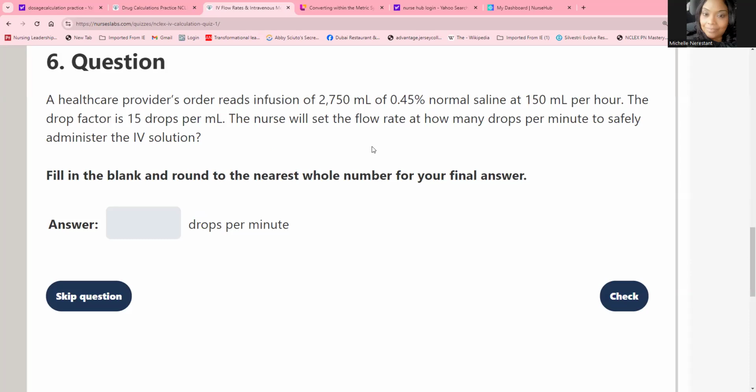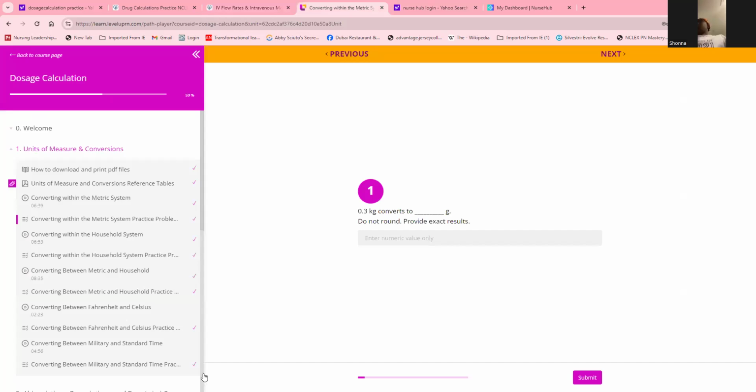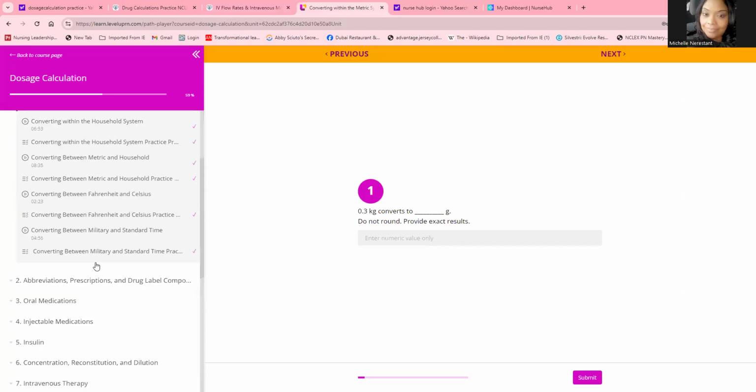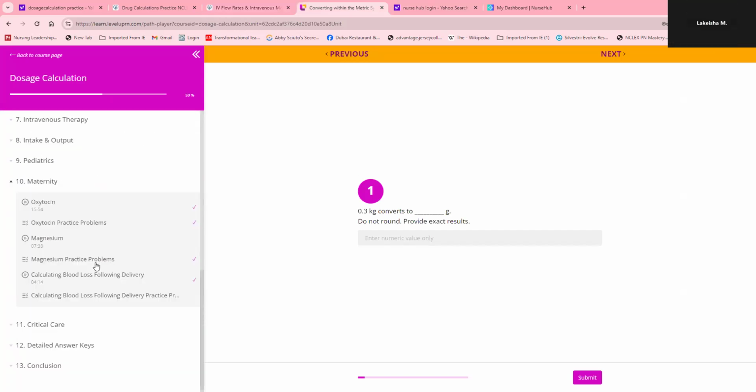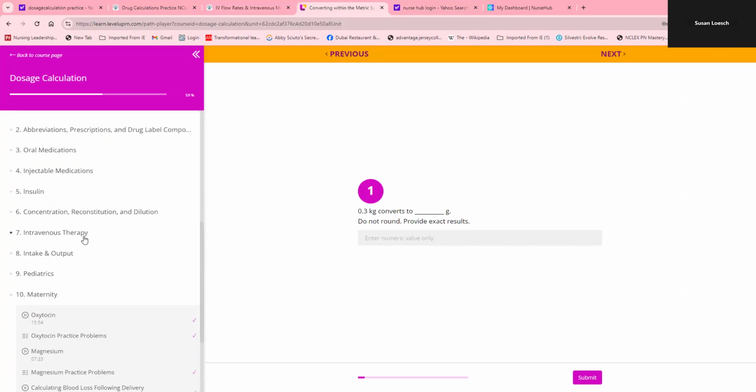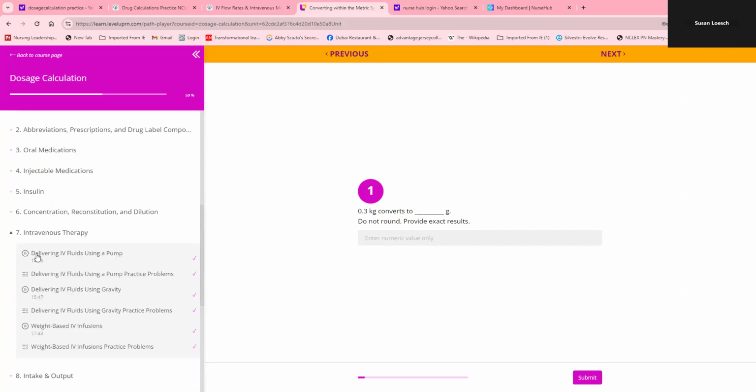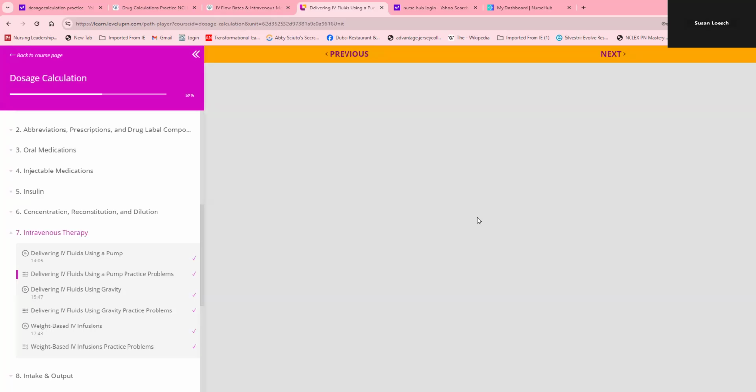So my question is, when reading the problem, what would indicate to me whether I should leave it at 18 hours or change it? Okay, so let's look at a couple of problems that are going to help you determine that.